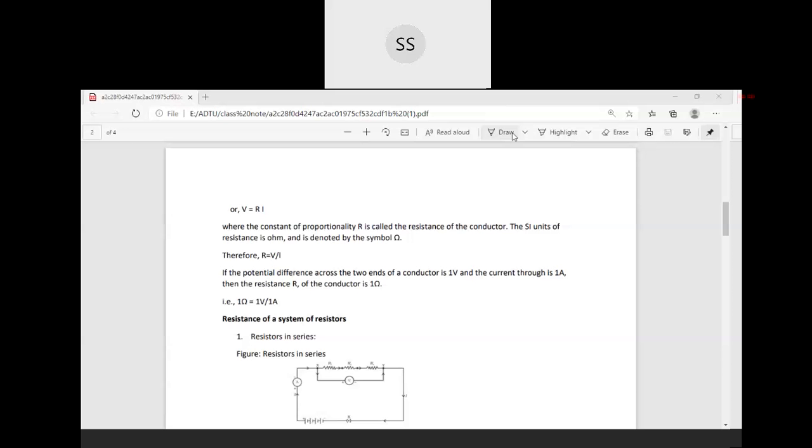Yeah, resistance is 1 ohm. But I am asking about the definition of 1 volt potential difference. Ohm I have already given here. What will be the definition of 1 volt potential difference?